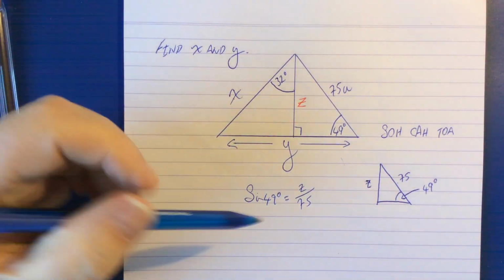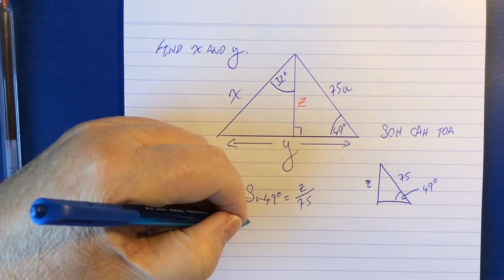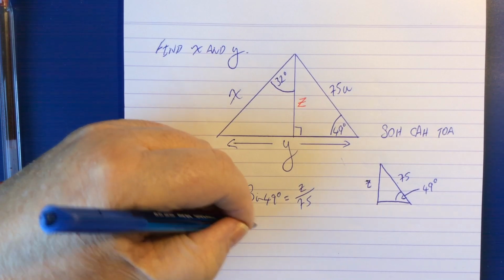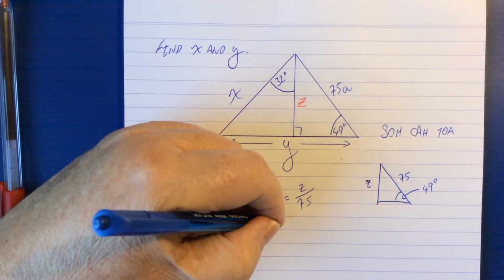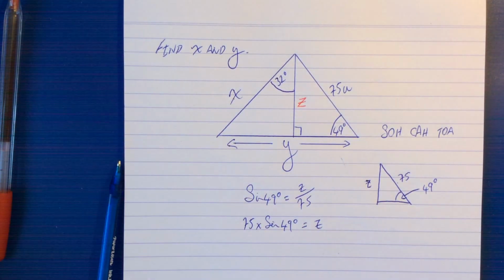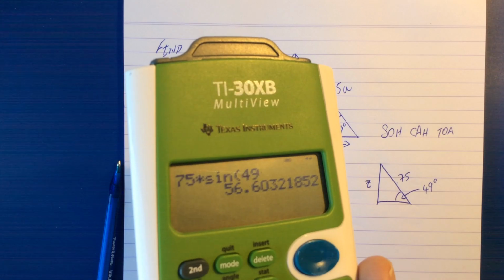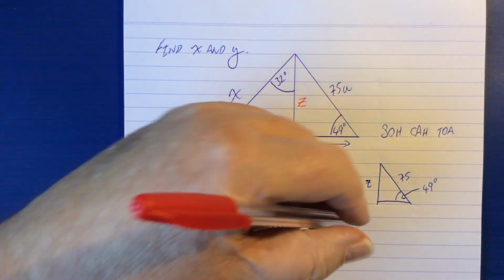Now, she's in the position where she can just pop that into a calculator and that will solve it. So I'm not quite in that position. So 75 times the sine of 49 degrees is going to equal our height, Z. So let's find that. 75 times the sine of 49 degrees is 56.60 and some considerable change.